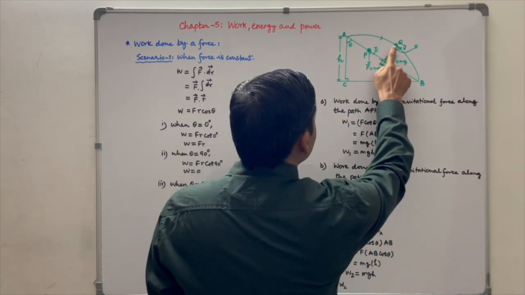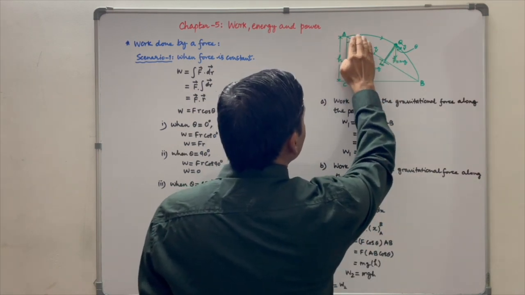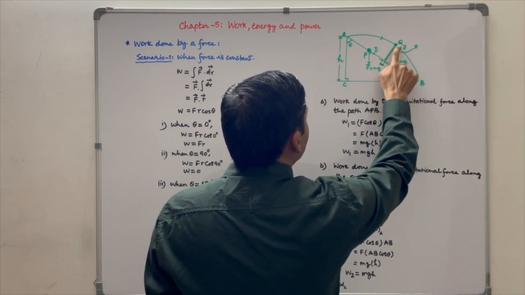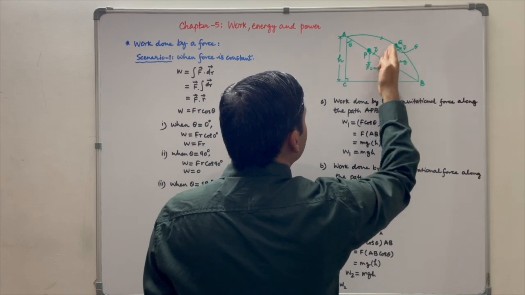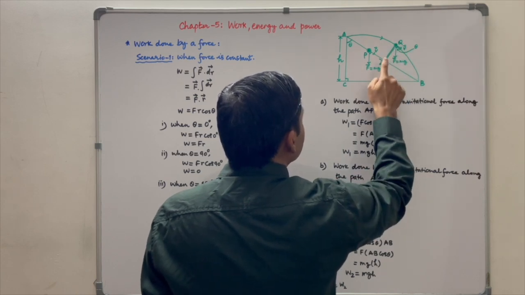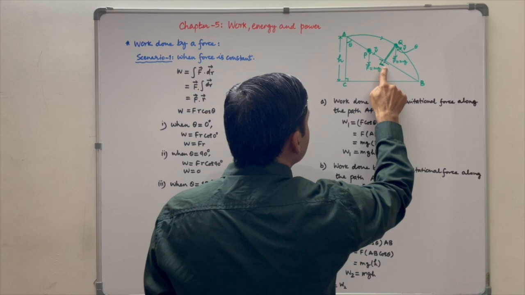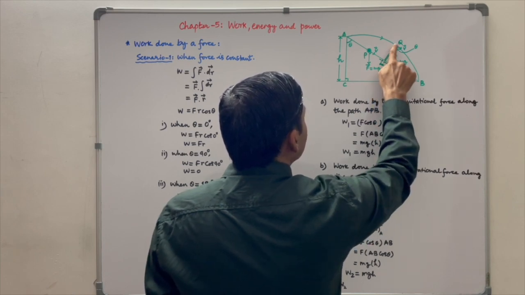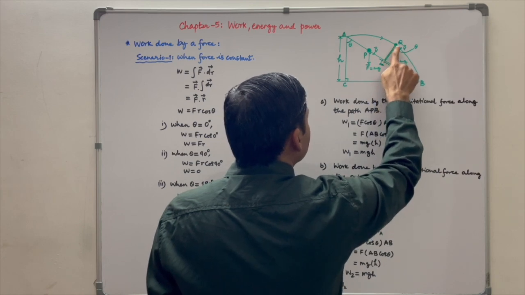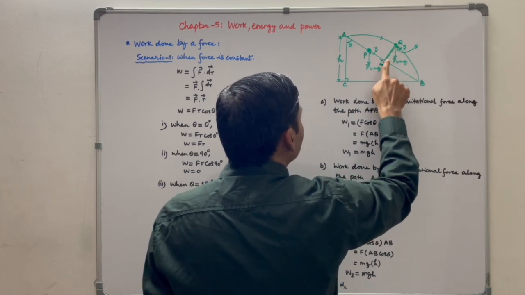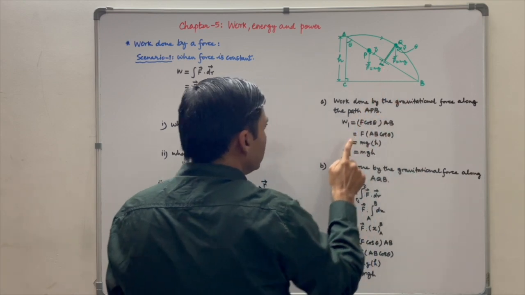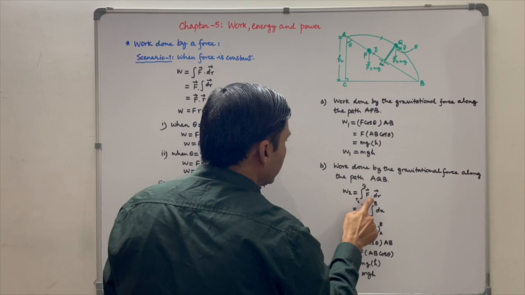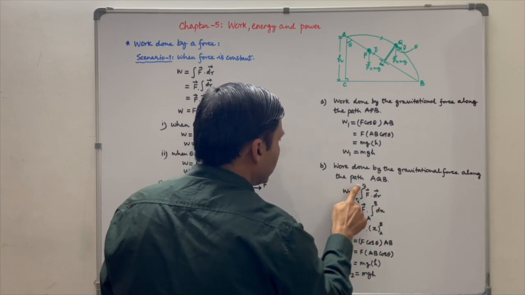Now consider the same particle is moving along the curve AQB. It is at Q. For a very small displacement dr, draw perpendiculars on AB. Let's say width of this strip is dx on AB. For a very small displacement, we can approximate this to be a rectangle so that dr is equal to dx. Work done in this case is given by W2 is equal to integration of F dot dr from Ri to Rf.